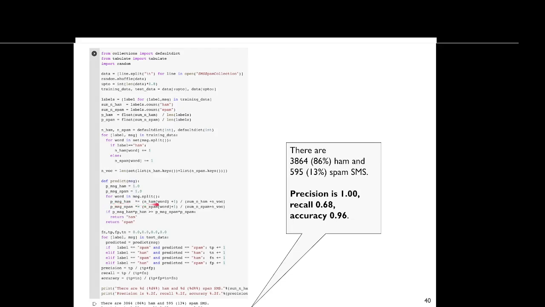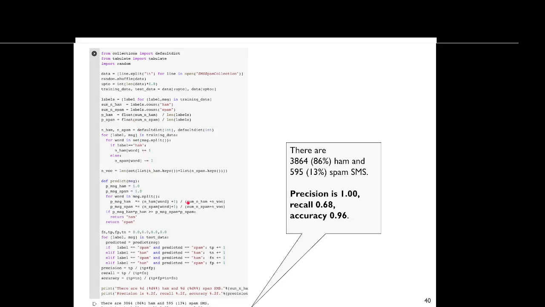We take a word out, we take the likelihood that this word appears in ham, so that's the absolute count from the dictionary that we created here, plus 1 for Laplace smoothing, divided by the sum of all of the words in ham. That was what we calculated over here.